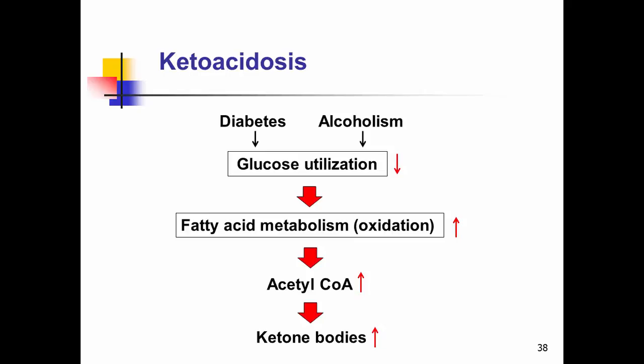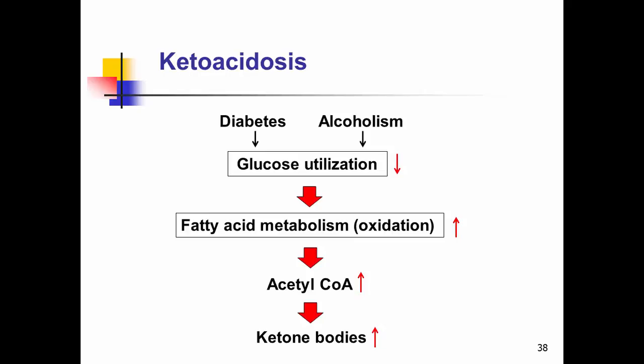metabolic problems, right? In both conditions, the common problem is that glucose utilization is decreased, right? So this will drive the body to utilize more fatty acids as an alternative fuel, right?